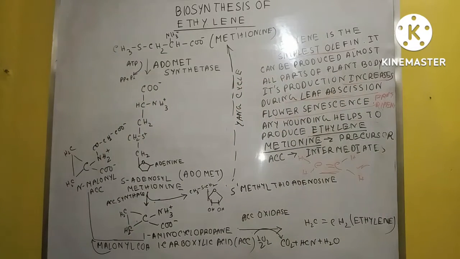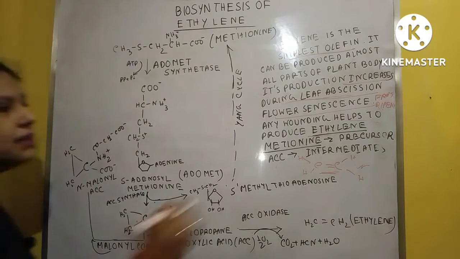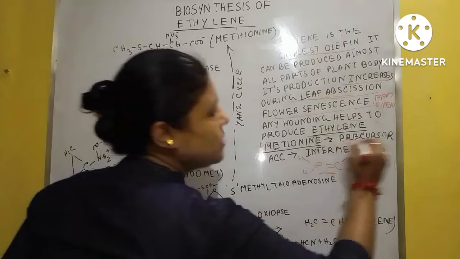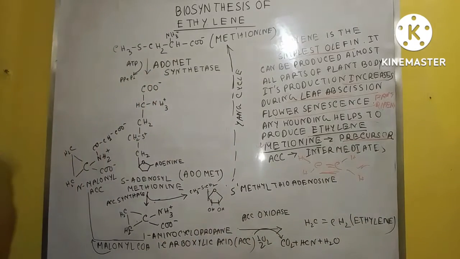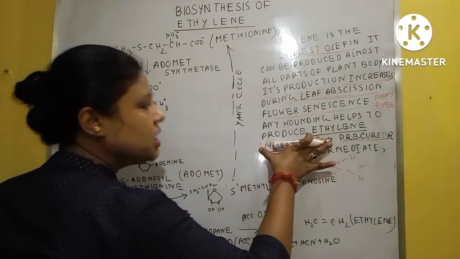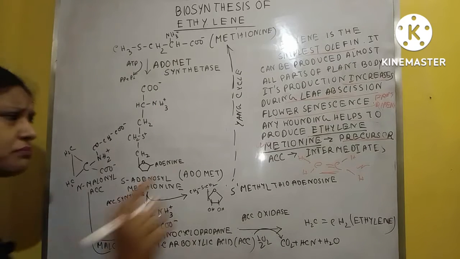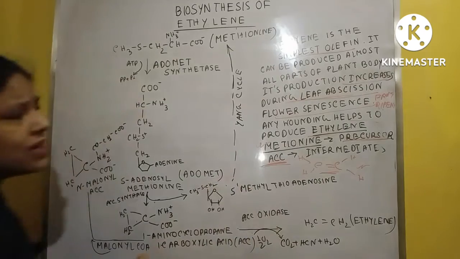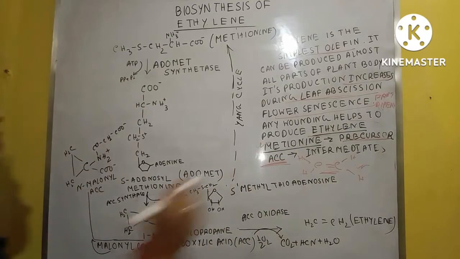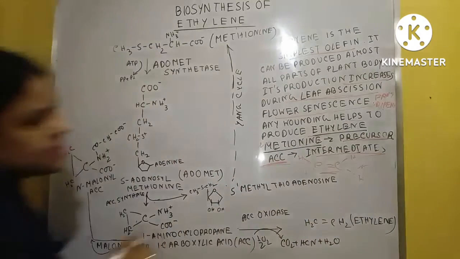Clear? And during the biosynthesis of ethylene, methionine is the actual precursor. What is the precursor? That means without methionine, ethylene biosynthesis is not possible. Clear? And ACC. What is ACC? ACC is the intermediate.